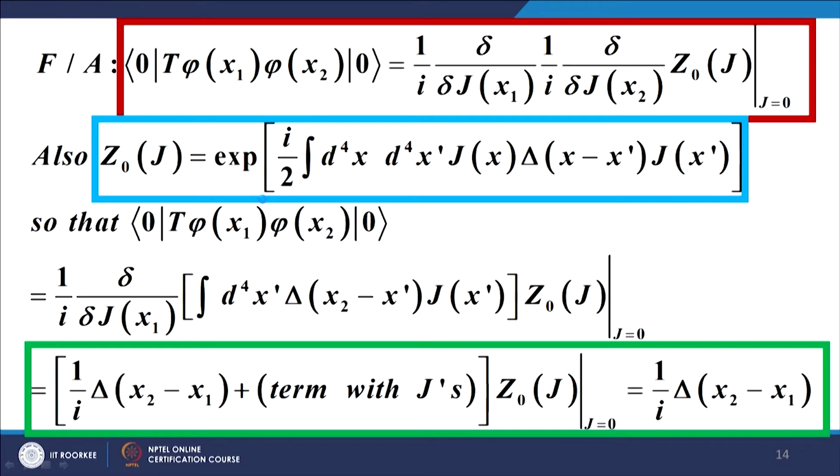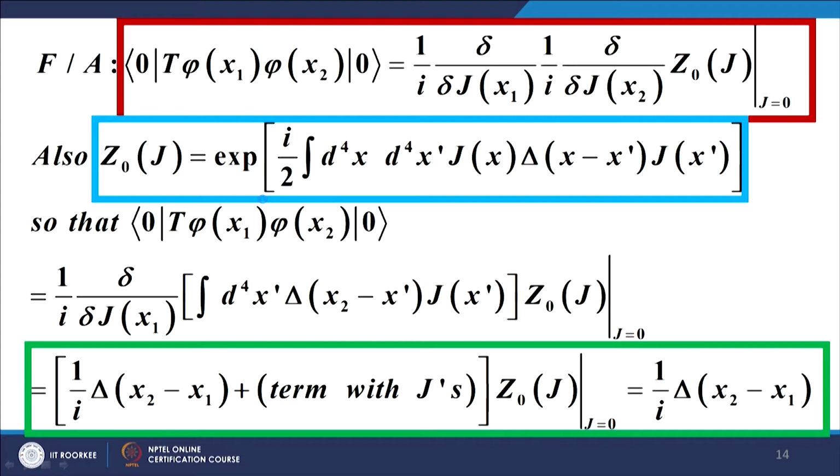However, for getting the 2-point function, we work out another functional derivative, the second functional derivative, and we get one term that is independent of j plus a term which carries the value of j multiplied by Z0[j]. If I put j equal to 0 in this, the second term which has a j embedded in it goes to 0, and Z0[j] at j equal to 0 now gives me 1, and what I have here is 1 upon i times the propagator, delta(x1 minus x2).